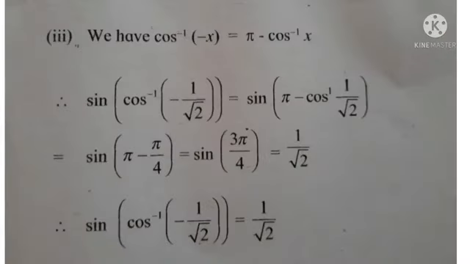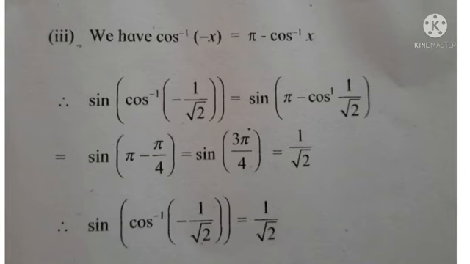Next one, see, cos inverse of minus x is equal to pi minus cos inverse x. Here we have to find sine of cos inverse minus 1 upon root 2.